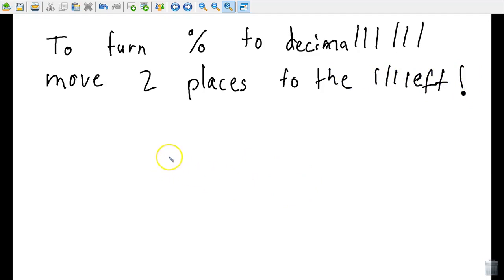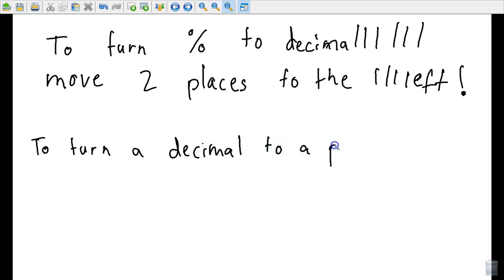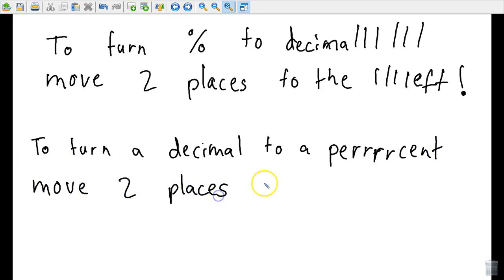To turn a decimal to a percent, move 2 places to the right.